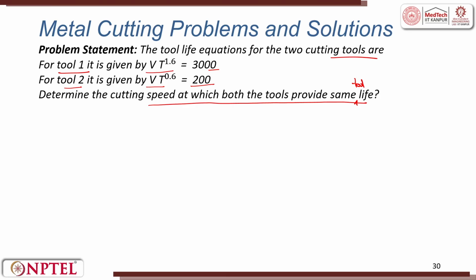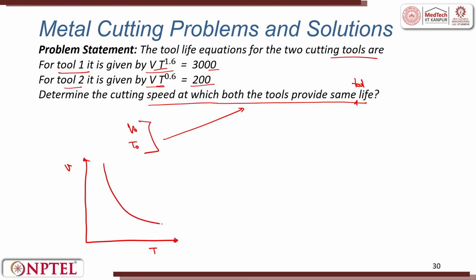Now, this is an interesting problem. For the first tool, this is the equation. For the second tool, this is the equation. Let me say this is a point V naught and T naught. At this point, both the tools provide the same tool life. In the hyperbolic curve that we draw, this is cutting speed, this is tool life.